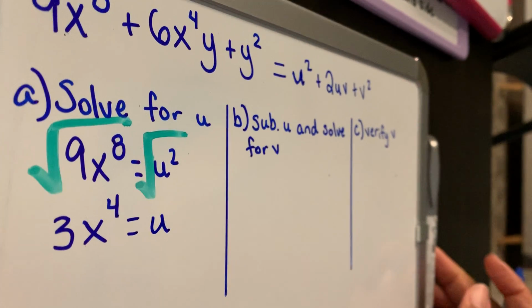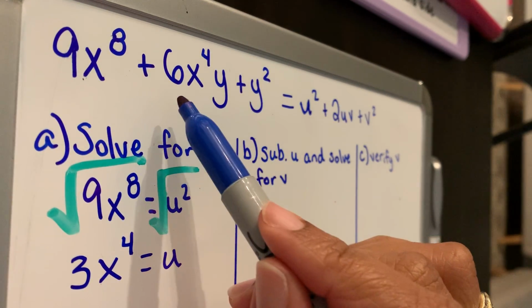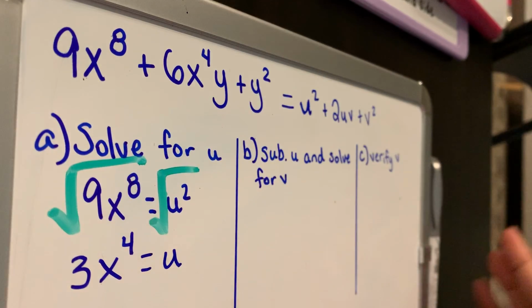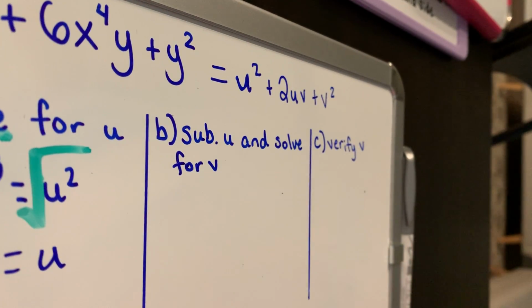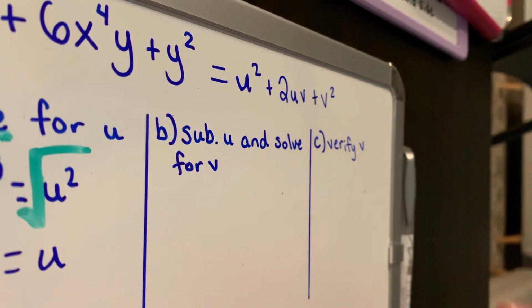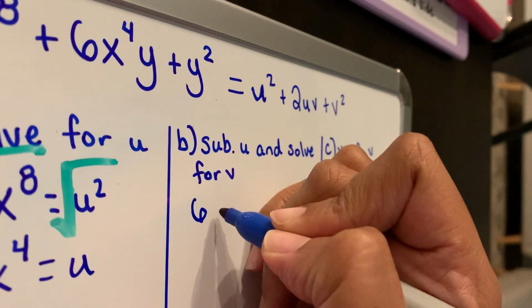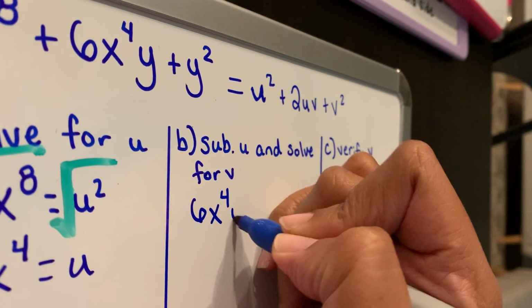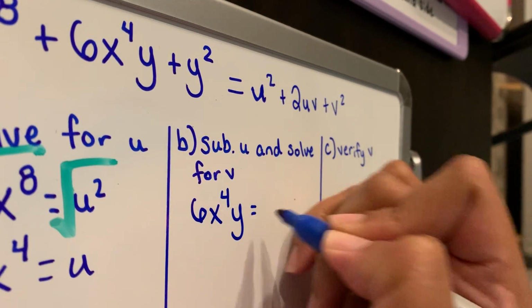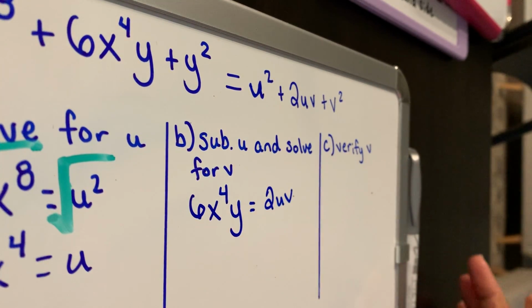All right, we're going to do this again, okay? Once again, term by term. So remember, our second term is 6x to the 4th times y on the left-hand side. On the right-hand side, our second term is 2 times uv. So I'm setting these two equal to each other. So I had 6x to the 4th times y, and I'm setting that equal to 2 times uv, okay?